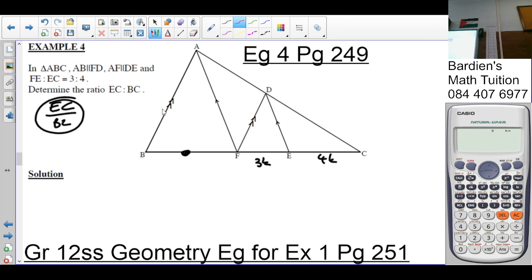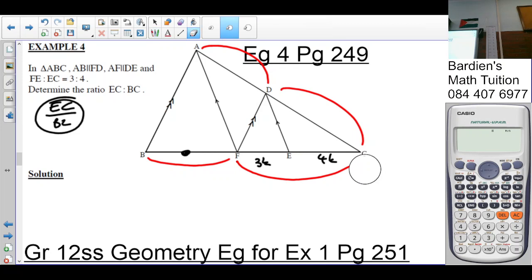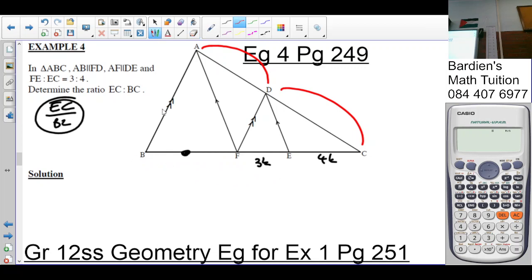Firstly, we won't go straight from FE and EC to BC and CE. So firstly, we need to move away. So we know that FB over FC is equal to AD over DC. However, we can get a ratio for AD over DC.